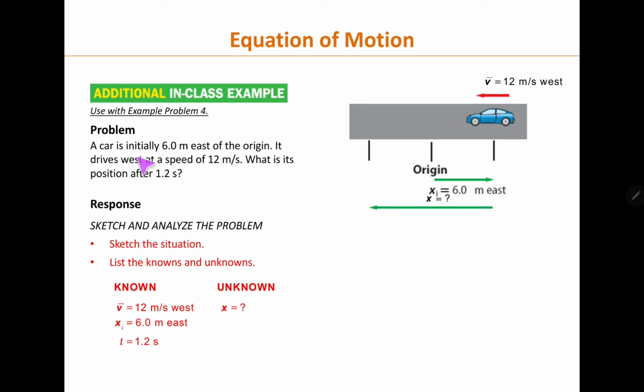The known here: a car initially 6 meters east of the origin, so x initial equals 6 meters east. It drives west at a speed of 12 meters per second, so the velocity v equals 12 meters per second west.